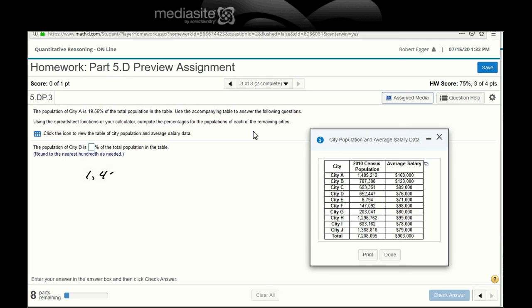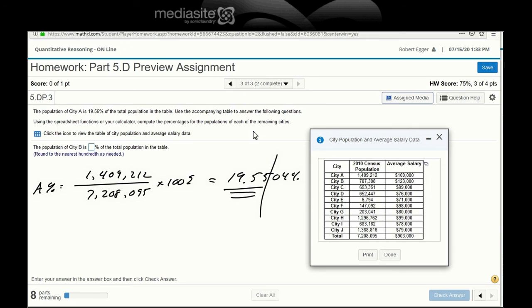So city A was 1,409,212. Total was 7,208,095 times 100. And that gets us what? Let me do the calculation real quick. 1,409,212 divided by 7,208,095 times 100 and get 19.5504%. So yeah, that's correct.